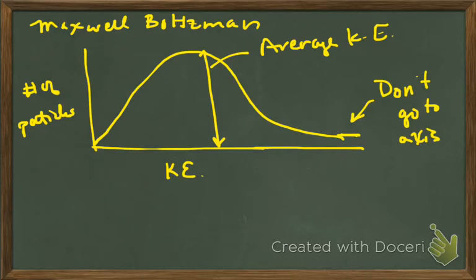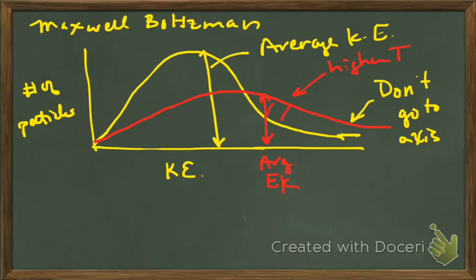If we were to draw the curve for a higher temperature, it would be flatter, okay, and this is at a higher temperature. Your average kinetic energy would be higher, okay, and you hopefully can see that we've added many more particles at a higher kinetic energy.